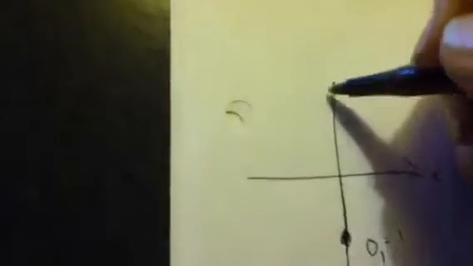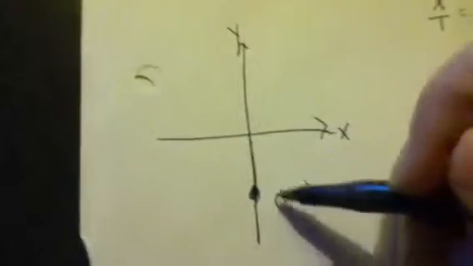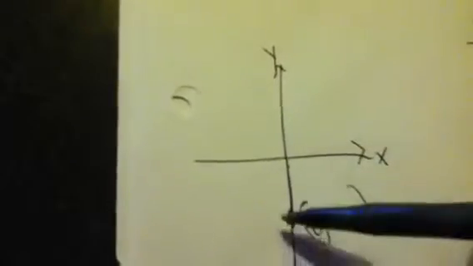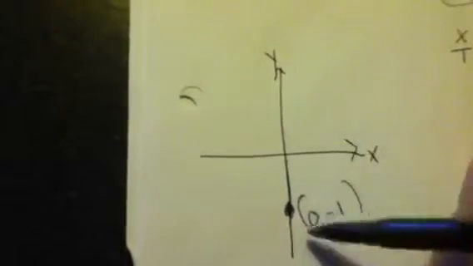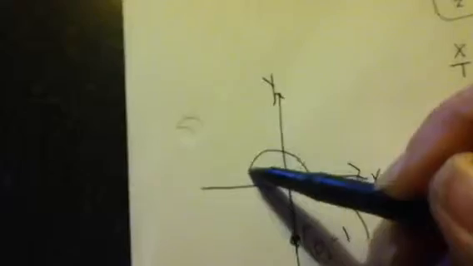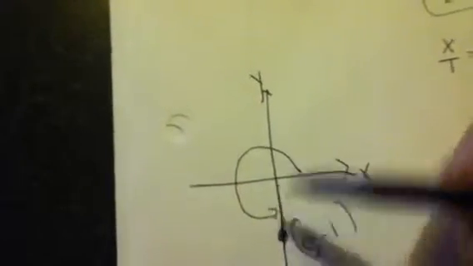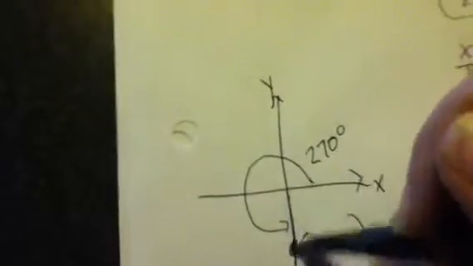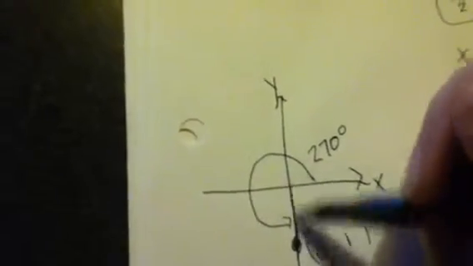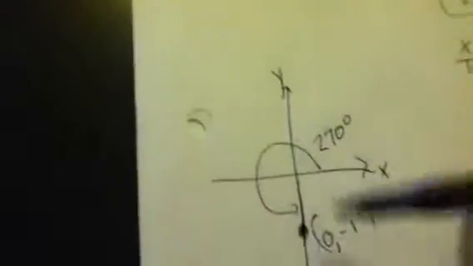There's x and there's y. That's how it looks on a graph. If I want to write that in polar instead of rectangular, the angle from the positive x-axis is 270 degrees, and its hypotenuse, or radius, is 1. So it's going to be 1 cis 270. That's where 1 cis 270 came from.